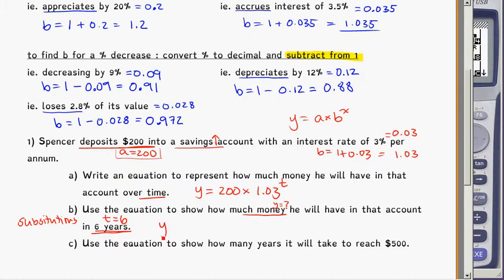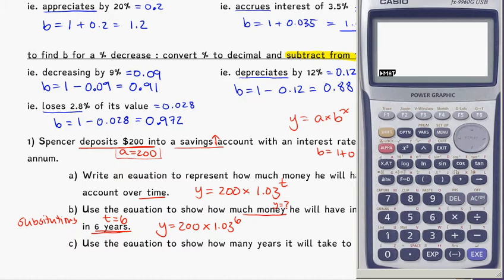So I'm going to write y is equal to 200 times 1.03 to the power of 6. Now you can put that straight into your calculator because we don't need to actually do any arranging. 200 times 1.03 to the power of, you use that little hat key there, 6.